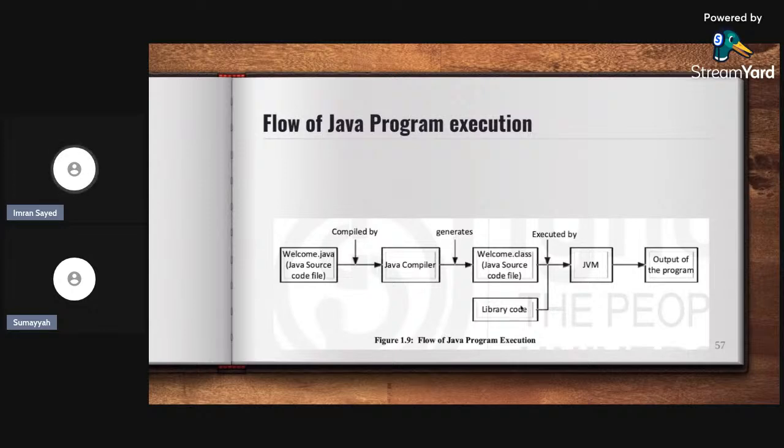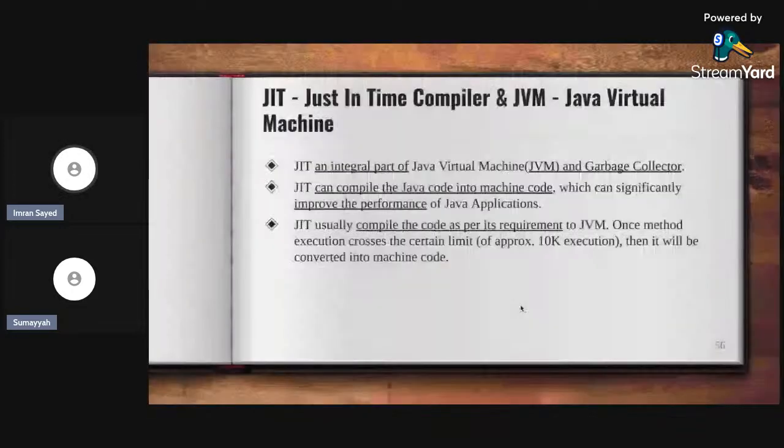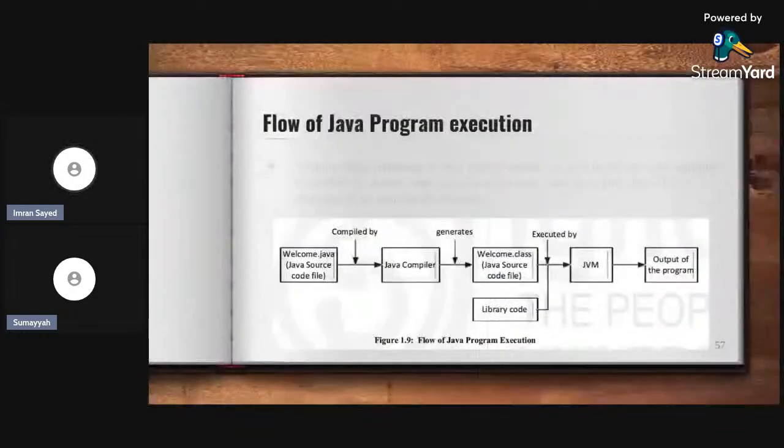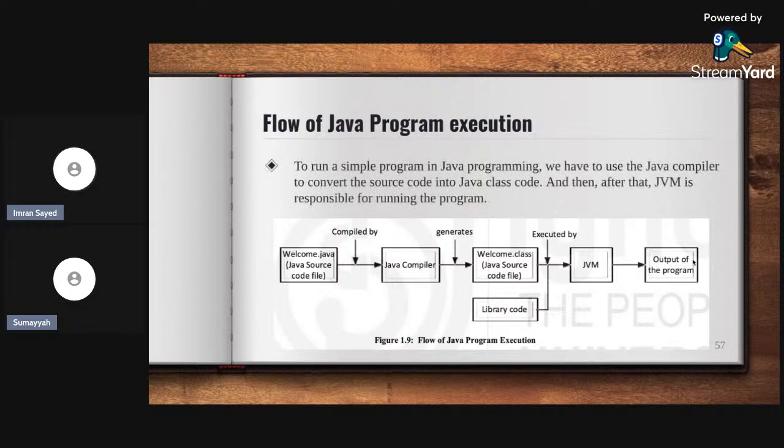We remember we discussed that the Java Runtime Environment will automatically load the classes that are required dynamically from the library code, and then that is executed by the Java virtual machine, which outputs the result of the program. To run a simple program, we have to use the Java compiler to convert the source code into Java class code. After that, the JVM is responsible for running that program.